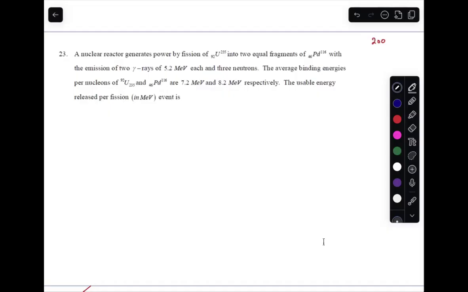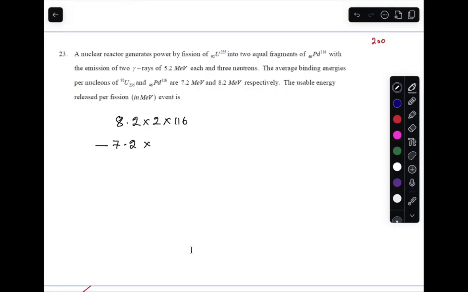So what I have done is 7.2 into 235 is one energy. And the final energy is 8.2 into 2 into 116.